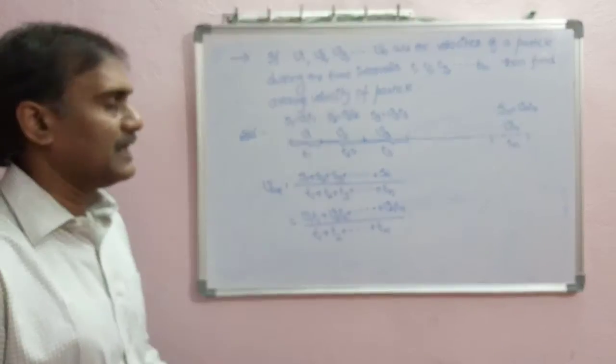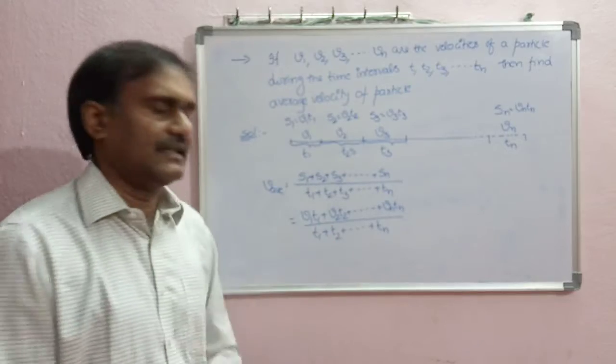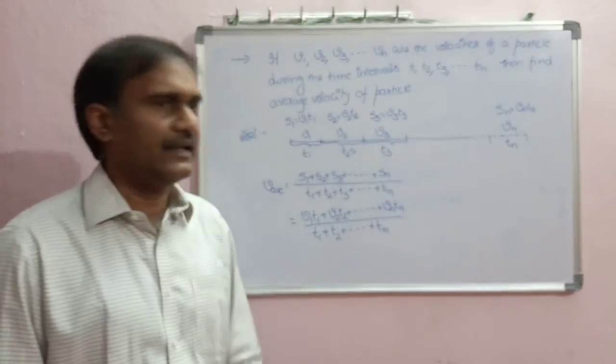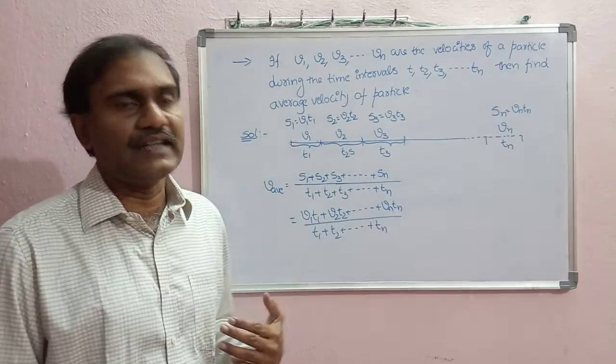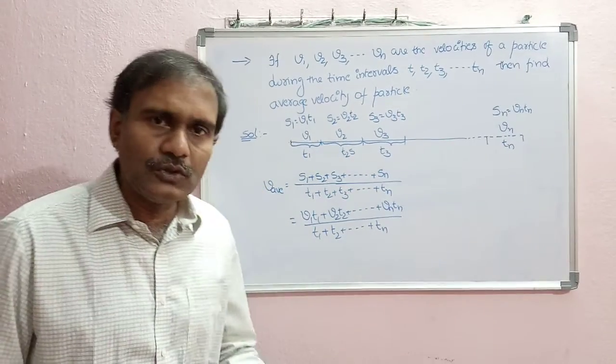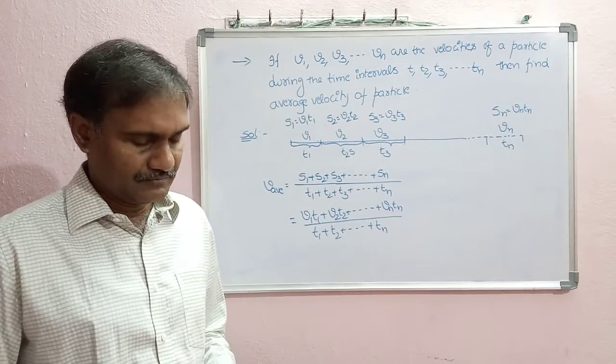This is the average velocity of the particle or average speed. The particle is moving along the same straight line, so average velocity is equal to average speed.